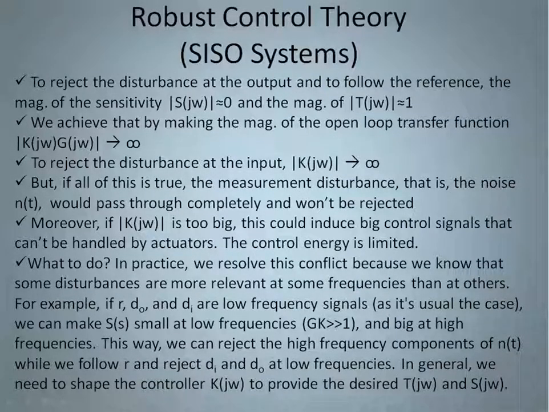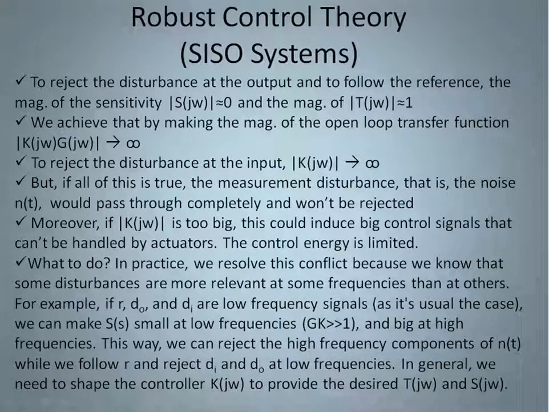For example, if R, DO, and DI are low frequency signals, as is usually the case, we can make the sensitivity small at low frequencies and big at high frequencies. This way we can reject the high frequency components of the noise while we follow the reference R and reject the disturbances DI and DO at low frequencies.